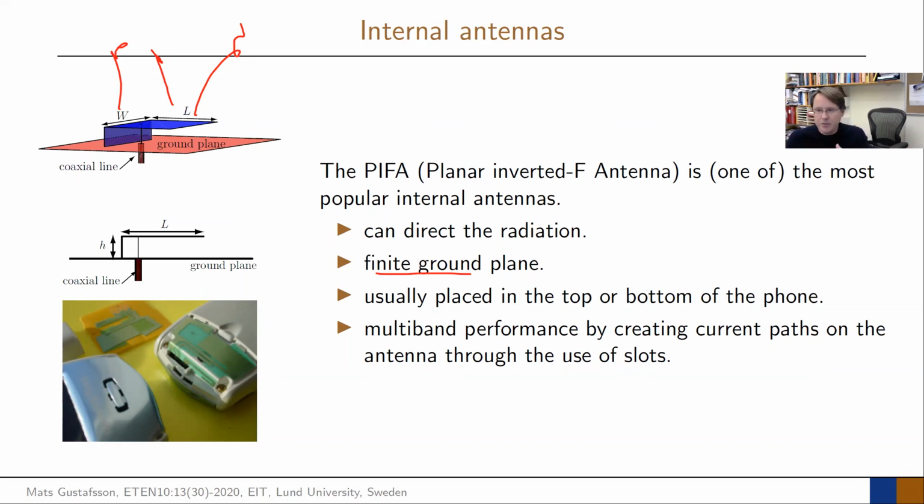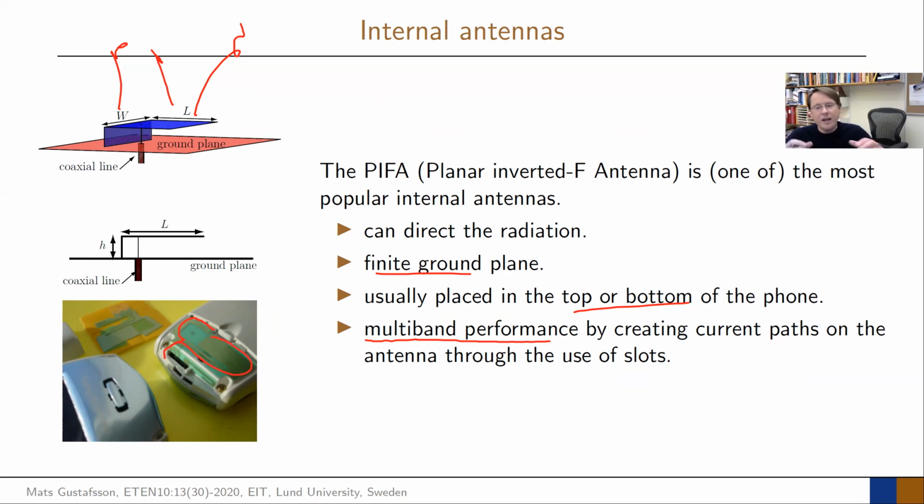And you can put these either typically in the top or bottom of the phone. So in most of these cases, they are placed on the top, but they could also be placed in the bottom of the phone. And to do that, you would need some free space, and you also need some thickness. You can create this multi-band performance by creating different current paths, like in these ones, where you can have one dominant current going like this and one current going like that, and they have different lengths.